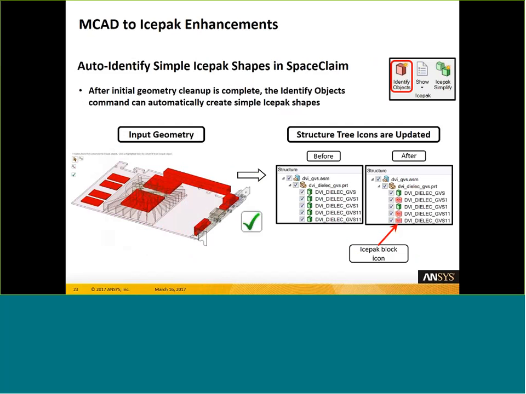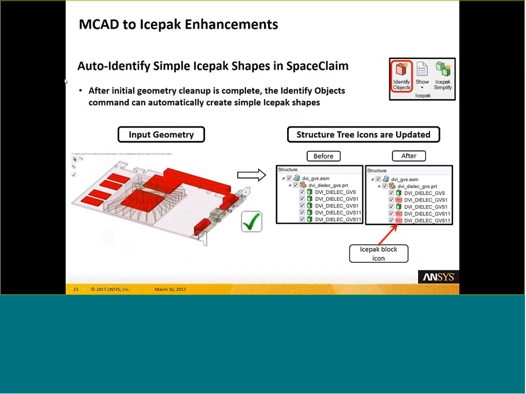In SpaceClaim, you can auto-identify simple IcePack shapes, and this is a similar feature to what was previously in Design Modeler. After your initial geometry cleanup is complete, the Identify Objects button can automatically create simple IcePack shapes.